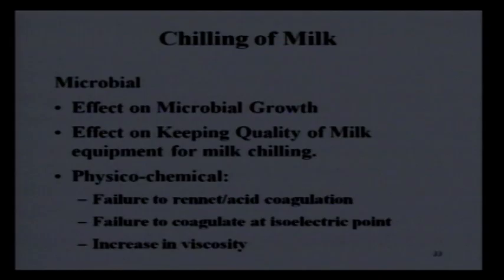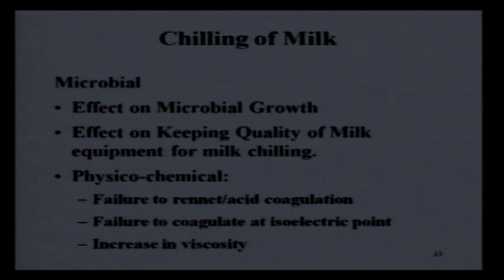There are certain changes. First is physicochemical changes. The rennet action is delayed. Failure of rennet coagulation is there. Then failure to coagulate at the isoelectric point. This is also one of the problems. Increase in viscosity is there.